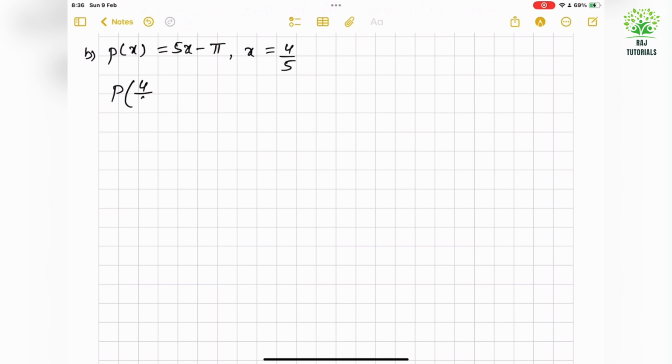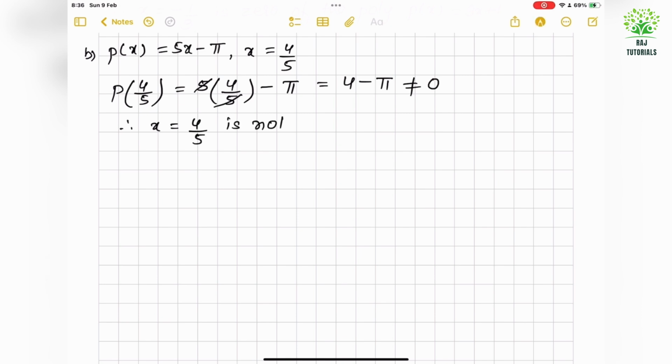That will be 5 into 4 upon 5 minus pi. So 5 cancels, so this comes as 4 minus pi and it is not equal to 0. Therefore, x equal to 4 by 5 is not a zero of the polynomial p of x.